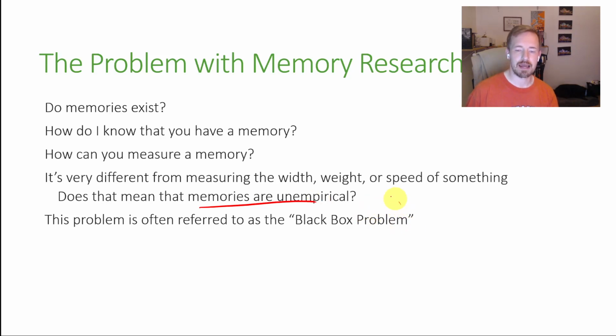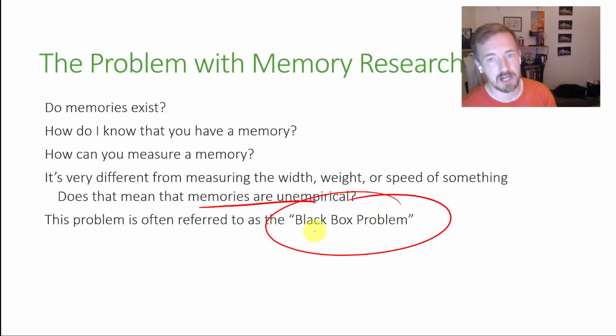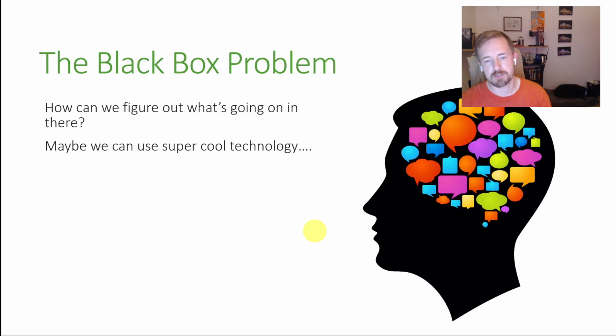This is referred to as the black box problem. The black box problem is a philosophical problem that is not just psychology, it's every discipline. It's a philosophical thing, so it transcends its discipline. But the black box problem is essentially that we all have brains. We know that things seem to get to our brain and that our brain controls our behavior, right?